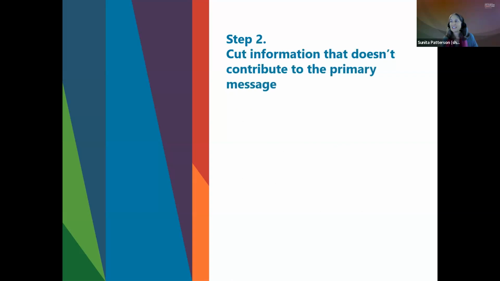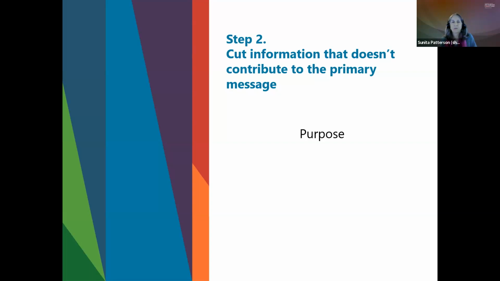All right, step 2. Step 2 is to cut information that doesn't contribute to the primary message. What is the primary message? Well, you can identify that by looking first at the purpose statement or hypothesis. For those of you who attended our previous deep dives, Sarah Bronson gave a whole presentation on how the purpose statement is the cornerstone of the manuscript, and Brian has put the link in the chat.